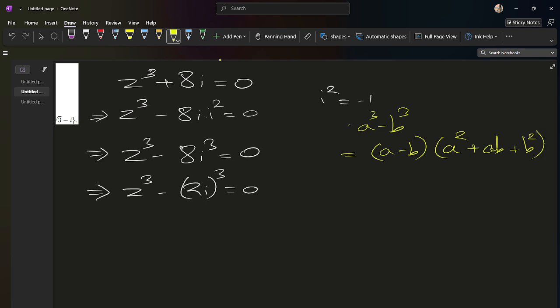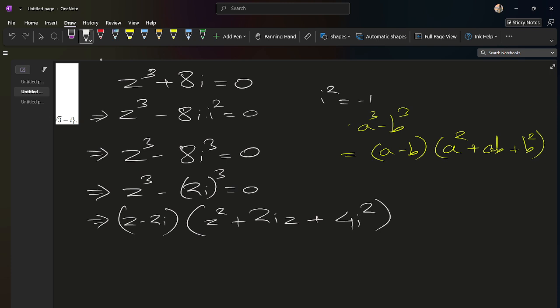We are only using this thing here. So what we will get? That will be z minus 2i, that is my a minus b, and a square will be z square, and then ab, that is 2iz, plus b square, that will be 4i square, equals 0.